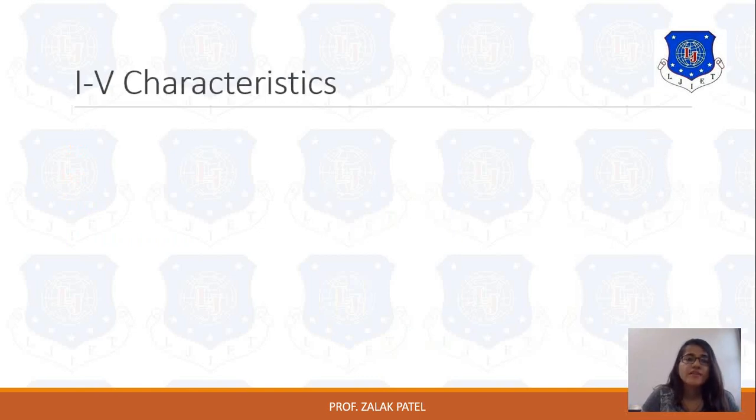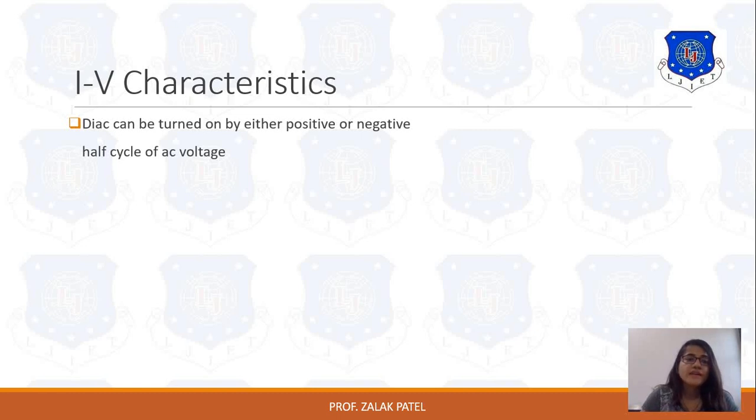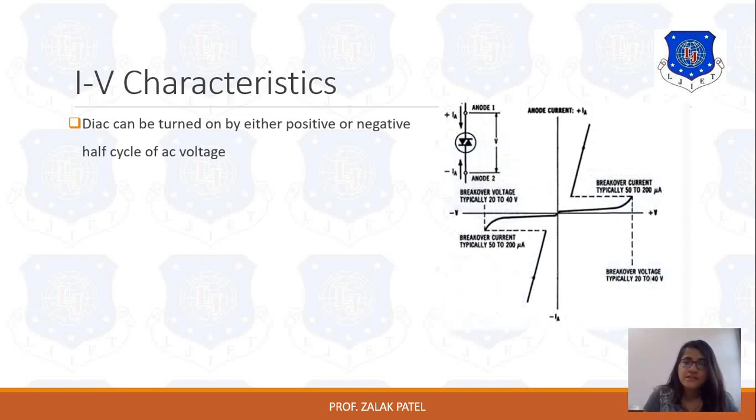Let's see the IV characteristic of DIAC. So the DIAC can be turned on by either the positive or negative half cycle of the AC voltage. For this, consider this figure.